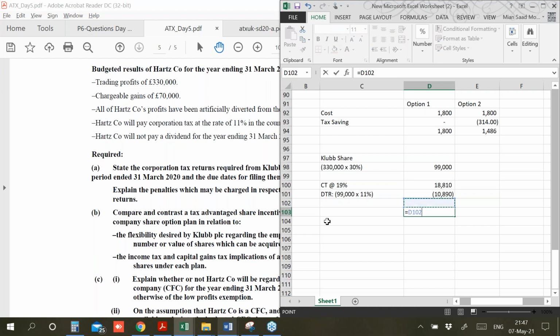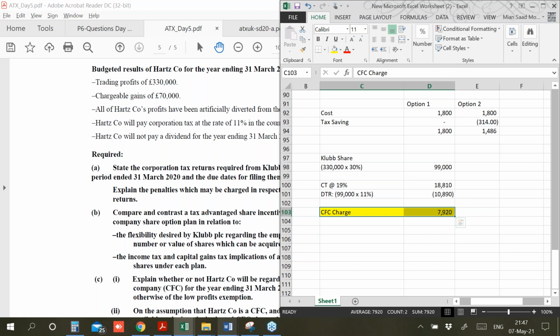So the CFC charge will be this minus this. 7,920 will be your CFC charge, guys.